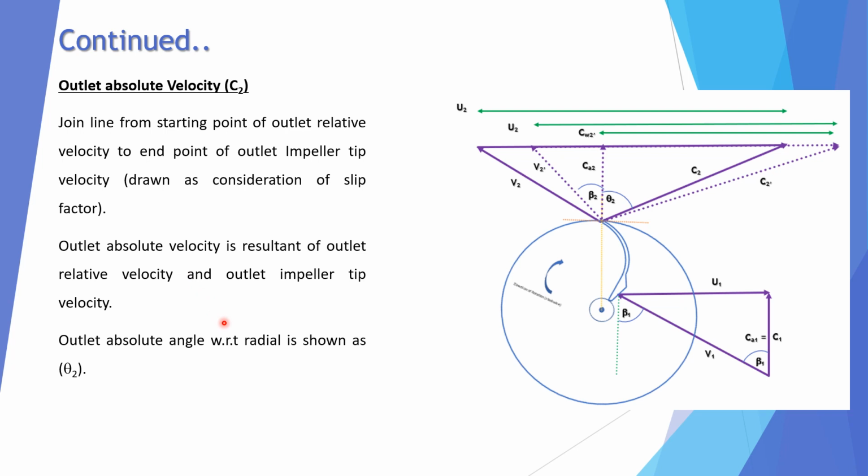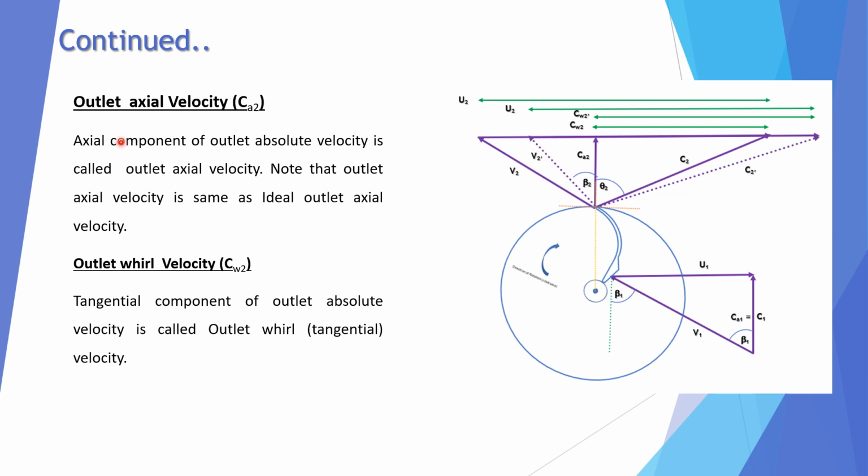So outlet absolute velocity is the resultant of outlet relative velocity and outlet impeller tip velocity. Outlet impeller angle with respect to radial is shown as theta 2. Outlet axial velocity CA2, the axial component of outlet absolute velocity, is called the outlet axial velocity.